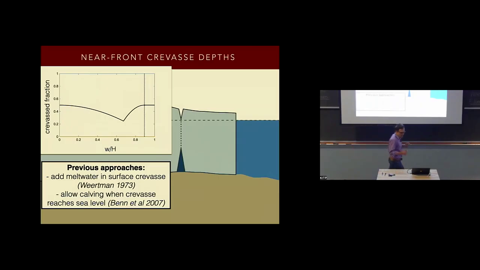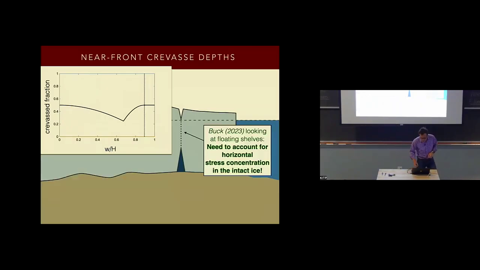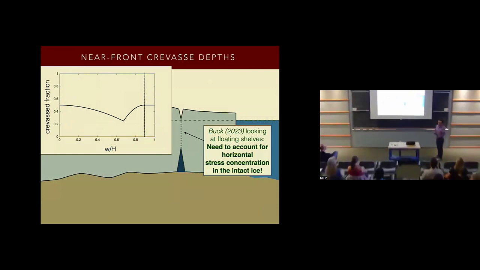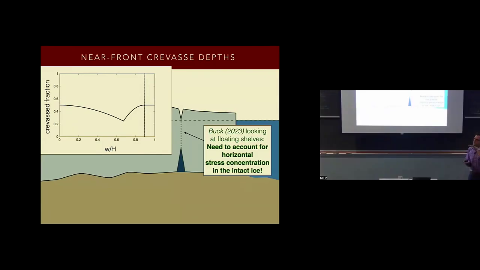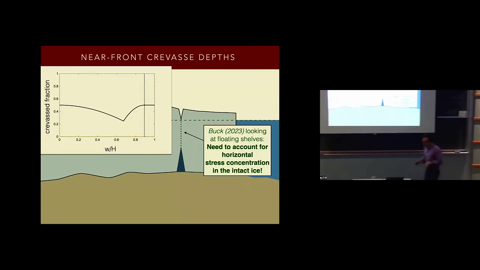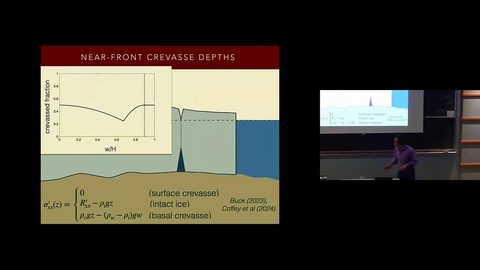And so what happened was that Roger Buck, a couple of years ago, realized that maybe the calculation was done a little wrong. As your crevasses penetrate, your horizontal stresses actually focus on the intact ice. And so you don't only have one relation for stress, but you have 3. You have 0 horizontal stresses in the surface crevasse, you have the hydrostatic equilibrium in the basal crevasse, and you have a stress concentration.